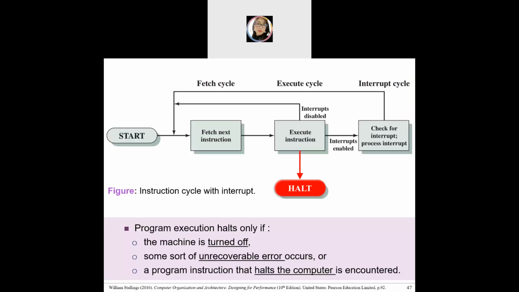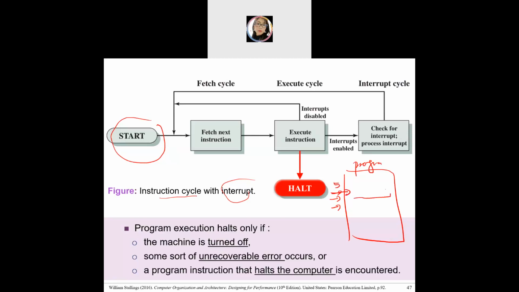So here is the example flow of your instruction cycle when you have an interrupt. So when you have an interrupt, this is how it looks. So you're going to try to execute your following program one by one. So let's say you point at line number 5.